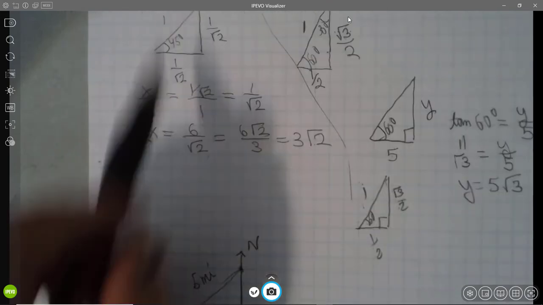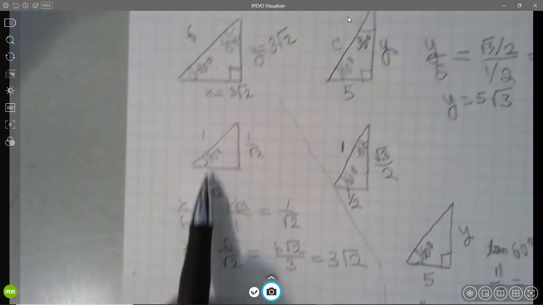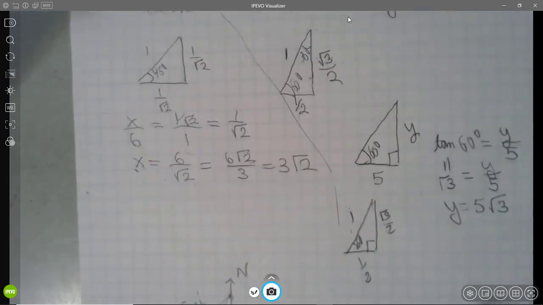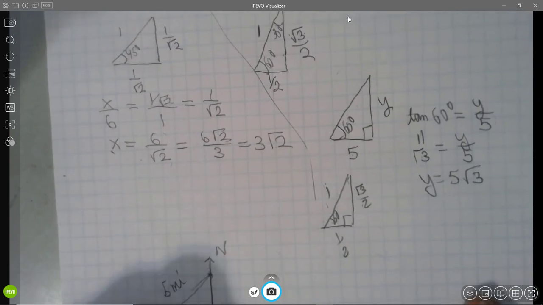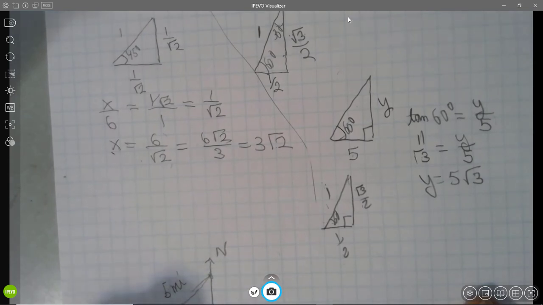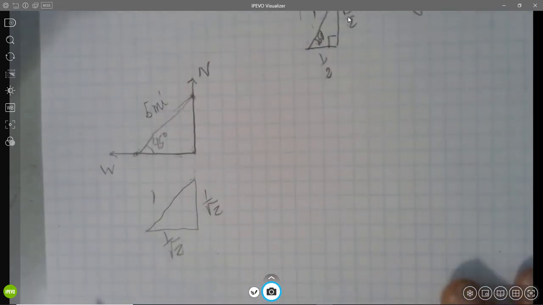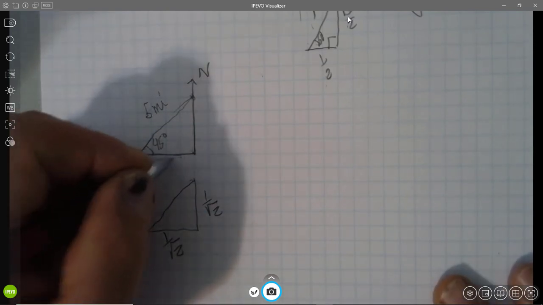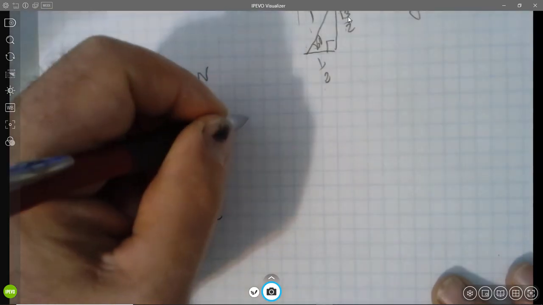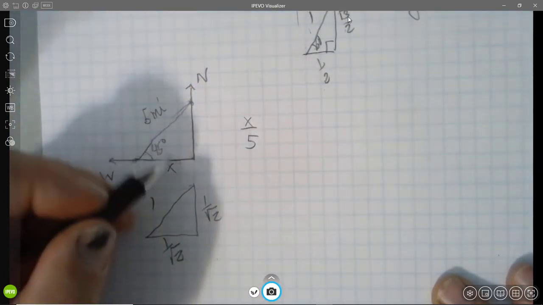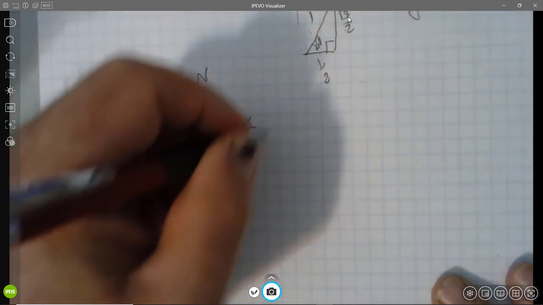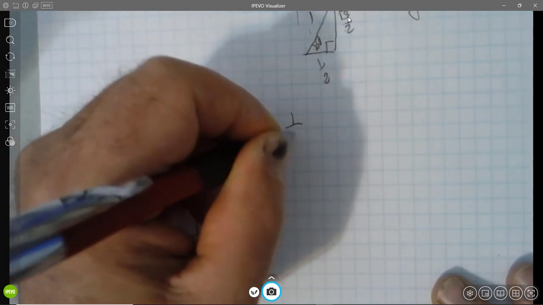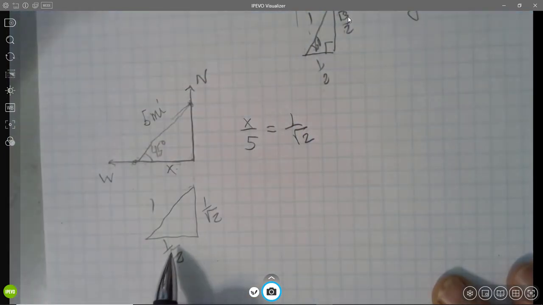Well, you'd solve the problem just the way that we solved this one right up here. We'd say that this is similar to our special triangle. So if we want to know this distance here, x for instance, we'd say x is to 5 as 1 over root 2 is to 1.